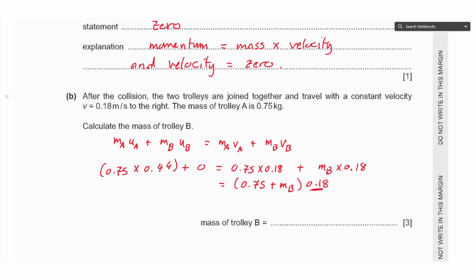Now we divide by 0.18 on the left side and then subtract 0.75, so the total calculation would be 0.75 times 0.44 divided by 0.18, and whatever that gives, we subtract 0.75. This gives an answer of 1.083 recurring, so we can approximate that to 1.08 or 1.1 kilogram.